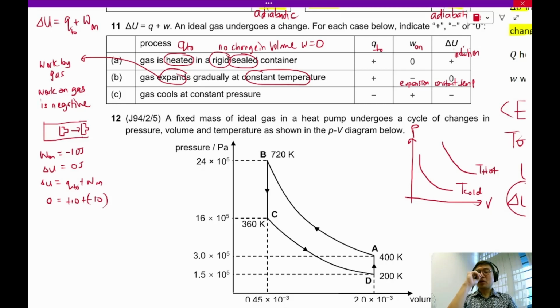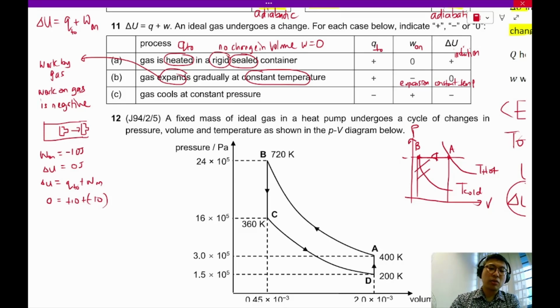So for a process at constant pressure with the gas cooling, it must move along this line from a hot temperature to a cold temperature. You can see that the process is going from A to B along this isobaric line, from a high temperature to a low temperature.